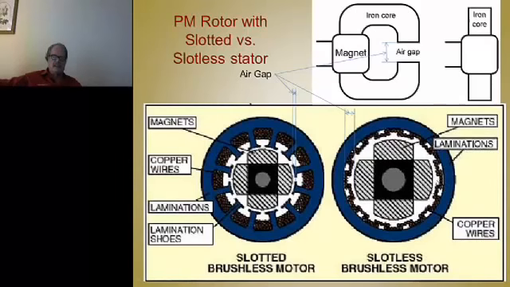They're laid around here. So now, here's the air gap in this concept from the previous lecture, and here's the air gap in this one. You see it there? Now our air gap goes from the OD of the magnet to the ID of the stator core, same as it went from here to the tooth.